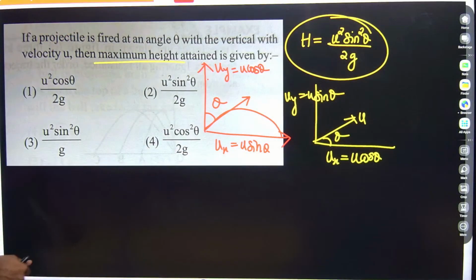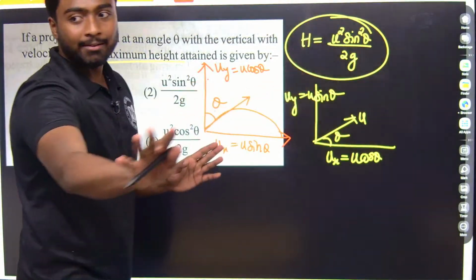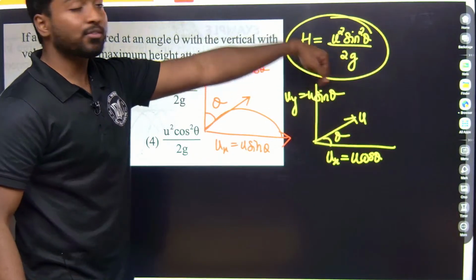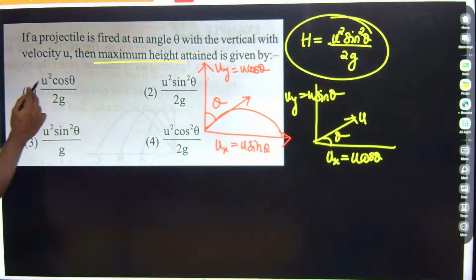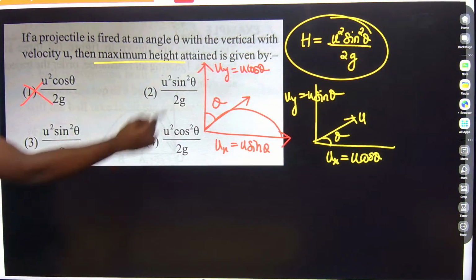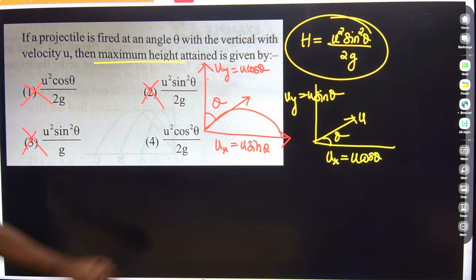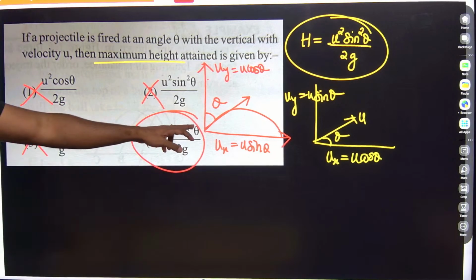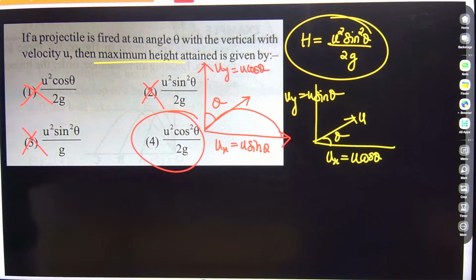So the answer will be, u square as it is, 2g also as it is, only sin square theta will change to cos square theta. So the answer will be the fourth one, u square cos square theta by 2g. Done. We'll go for the next one.